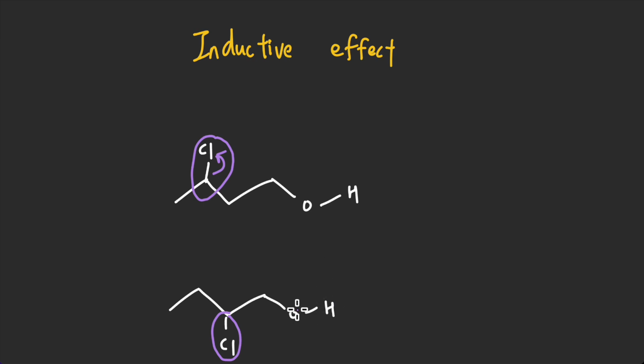So we can say that the inductive effect is stronger. The inductive effect means the spreading out of the electrons. The more spread out the electrons, the more stable the compound or the base is. So this one is more stable because the chlorine atom, the more electronegative atom, is much closer to the oxygen.